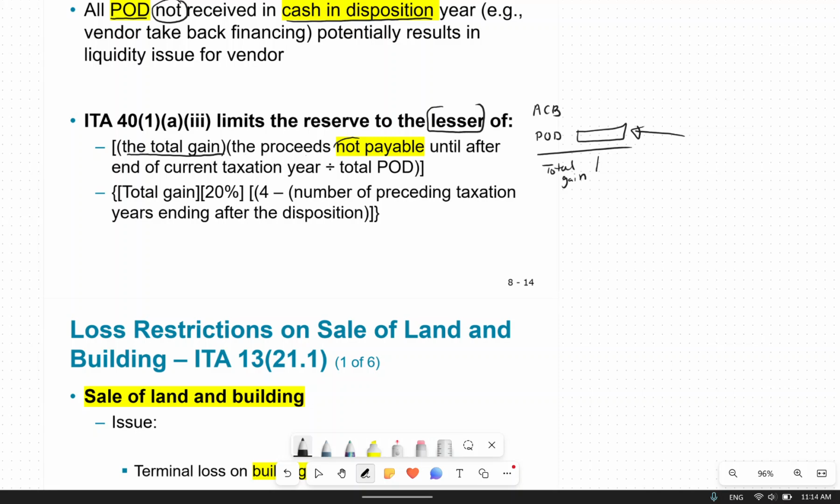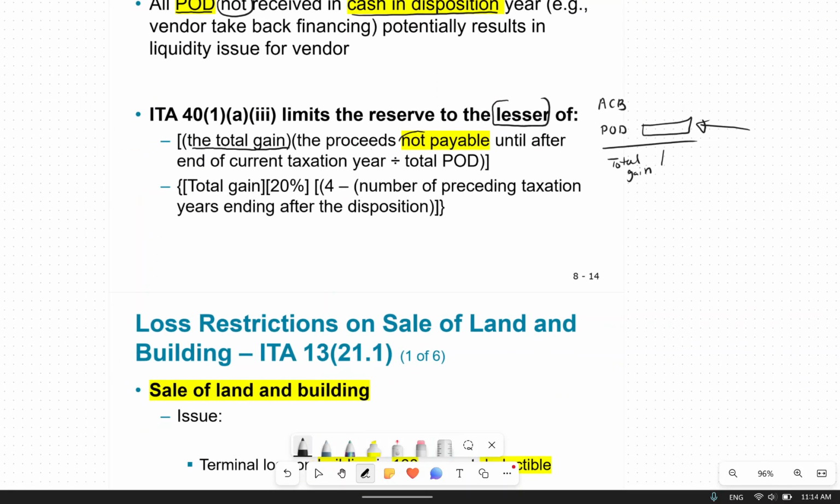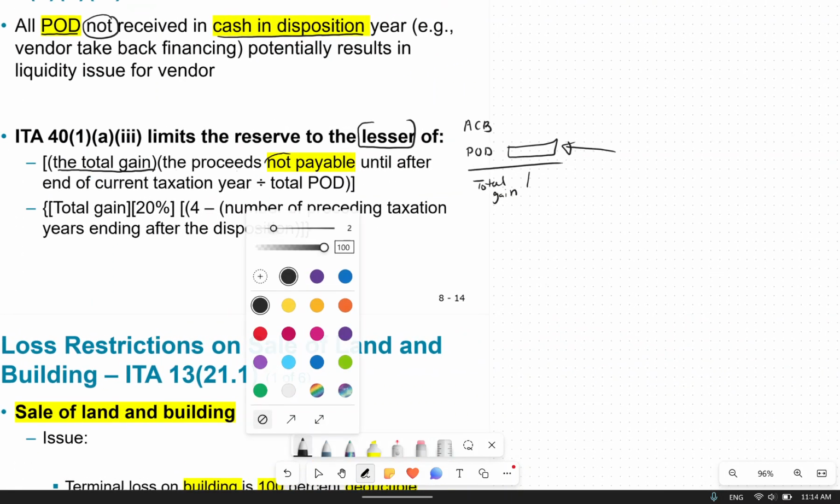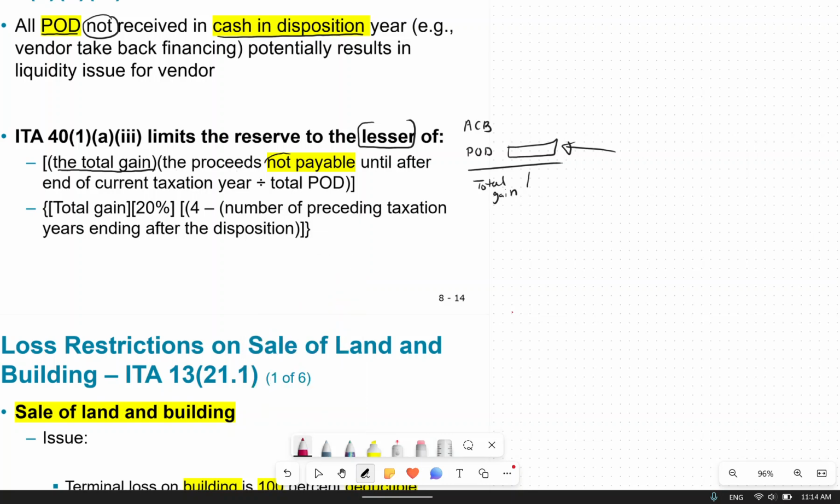So when we think of a total gain, you multiply the total gain by the proceeds not payable until after the end of the current taxable year, divided by the proceeds. If I were to think about it, this is your total proceeds, what we're supposed to receive from the buyer.